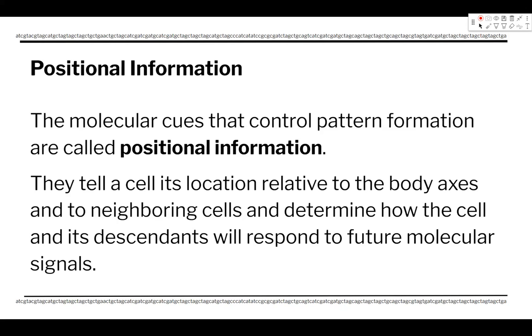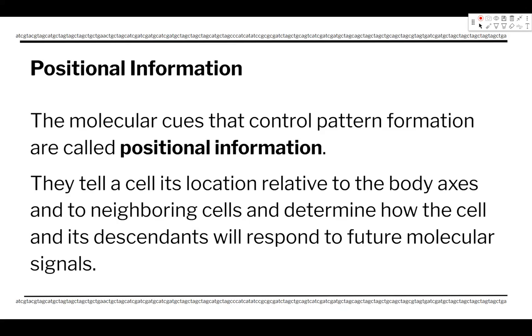So there are always signals being sent, and based on what signals a cell is receiving, it can be like, oh, I'm on the top half of this organism. Oh, I'm on the right side of this organism. Cells don't have compasses and they don't need cardinal directions, but they do need to know where on the body they are. So there is information being sent constantly to figure out where that cell is, so it knows what to grow into.